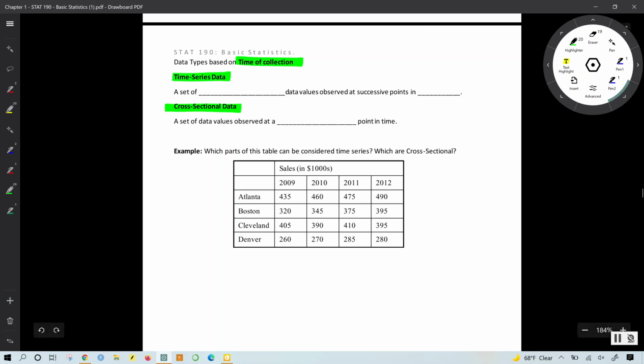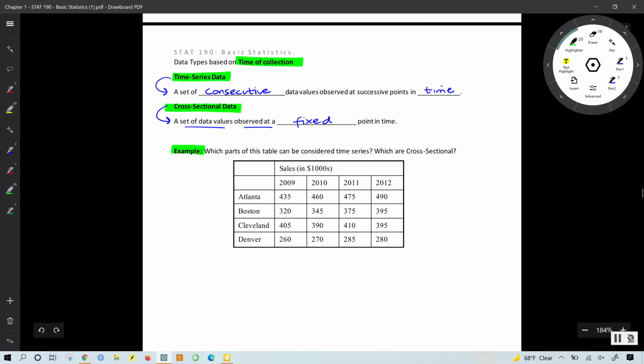That brings us to the point where we define time series data as a set of consecutive data values that are observed at successive points in time. Whereas cross-sectional data is a set of data values observed at just a fixed point in time.